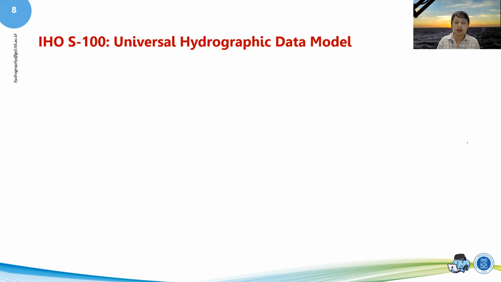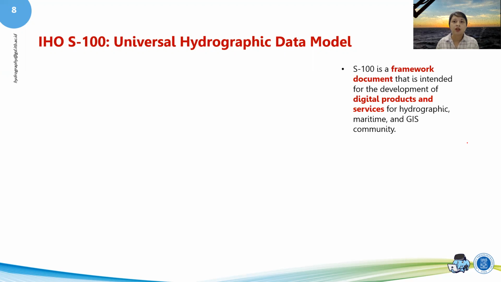But S100 is basically a framework document that is intended for the development of digital products and services for the hydrographic, maritime, and GIS community. So basically, IHO and other international organizations are trying to make bathymetry data, or basically any hydrographic data, as accessible as possible to other users.